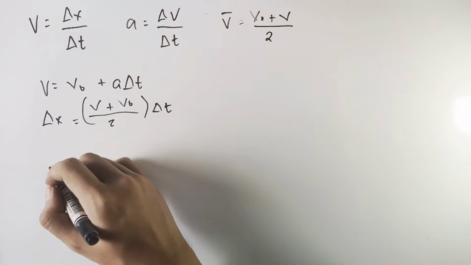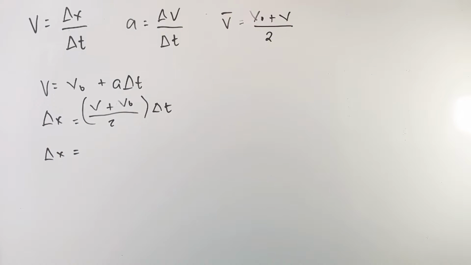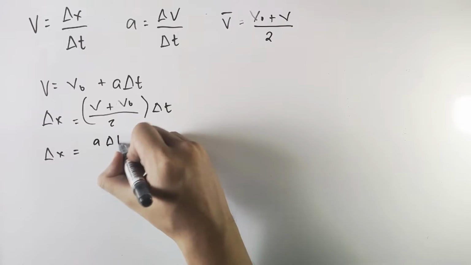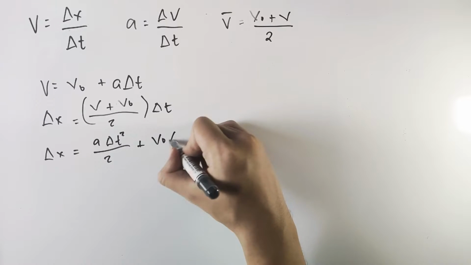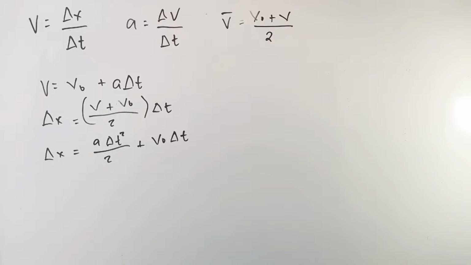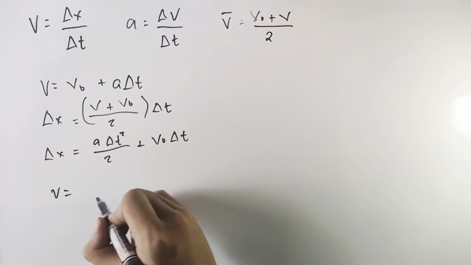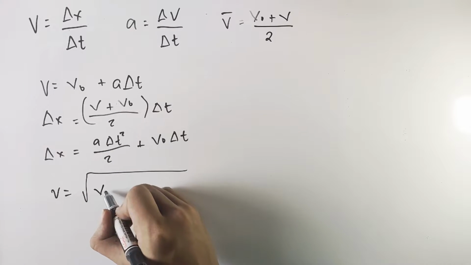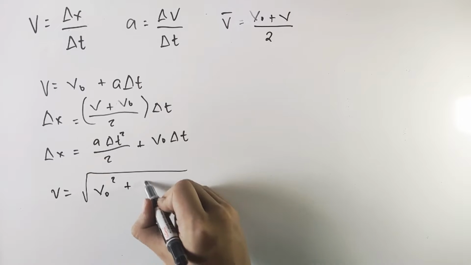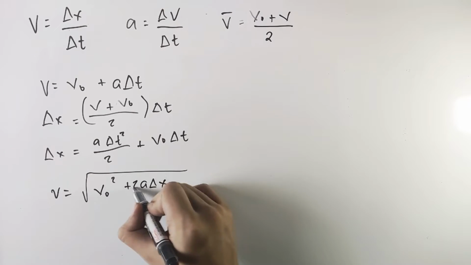Then we have displacement again is equal to a delta t squared over 2 plus v sub 0 delta t. Right? Then finally we have v is equal to square root of v sub 0 squared plus 2 a delta x. Okay?